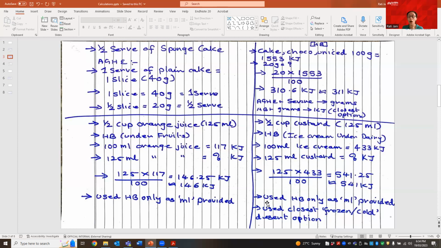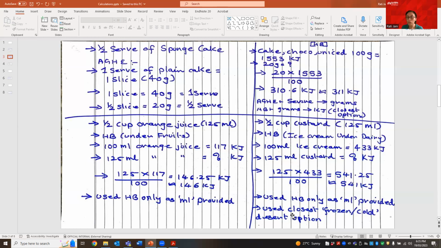Now, what is my key tip for you? In this sort of calculation, I have used the handbook first. Why? Because I have the numeric number which I need, in ml or in gram, provided to me, which makes my life simple. I did not have the exact option custard. I used the closest possible option, a cold dessert option which is suitable enough to use for custard.